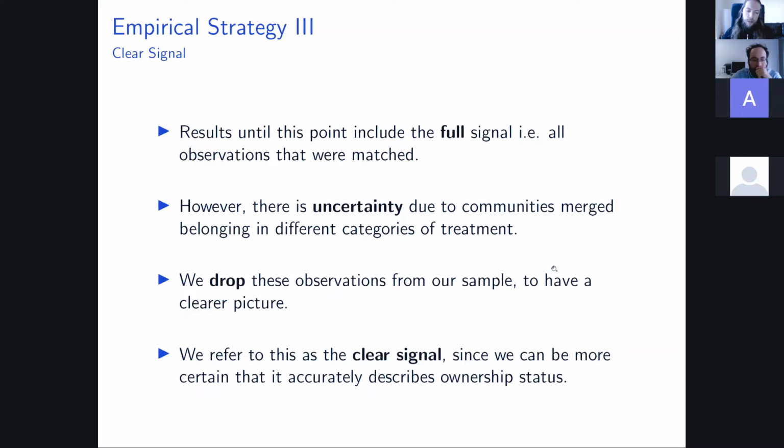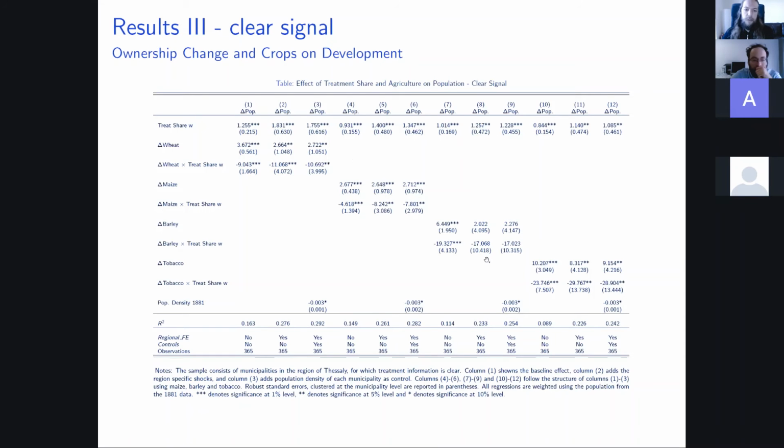So we drop some of these observations to have a clearer picture, and we call this a clear signal sample. And as you can see, it makes sense that it strengthens the results in the sense that you have a better picture of which exactly of the communities were treated or not, and you can be more certain of that.